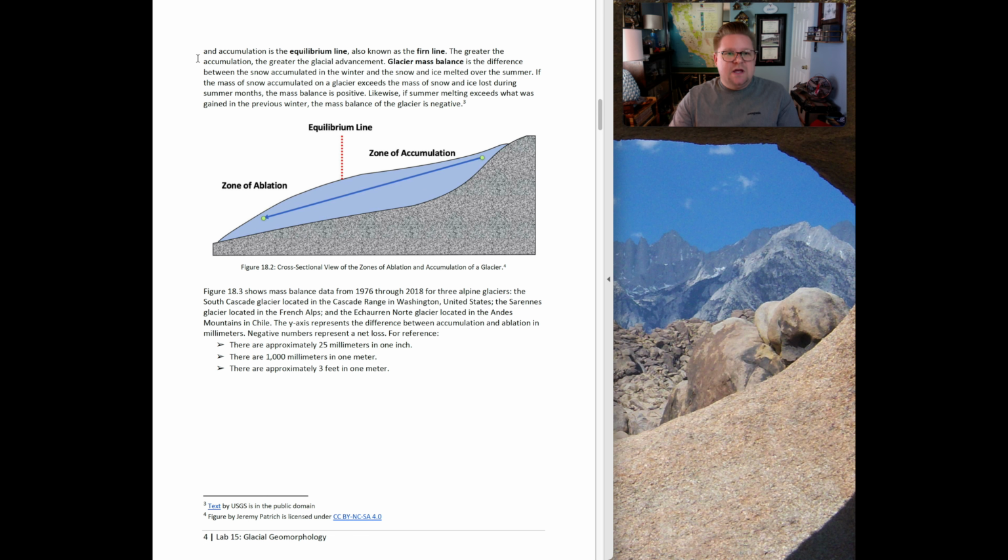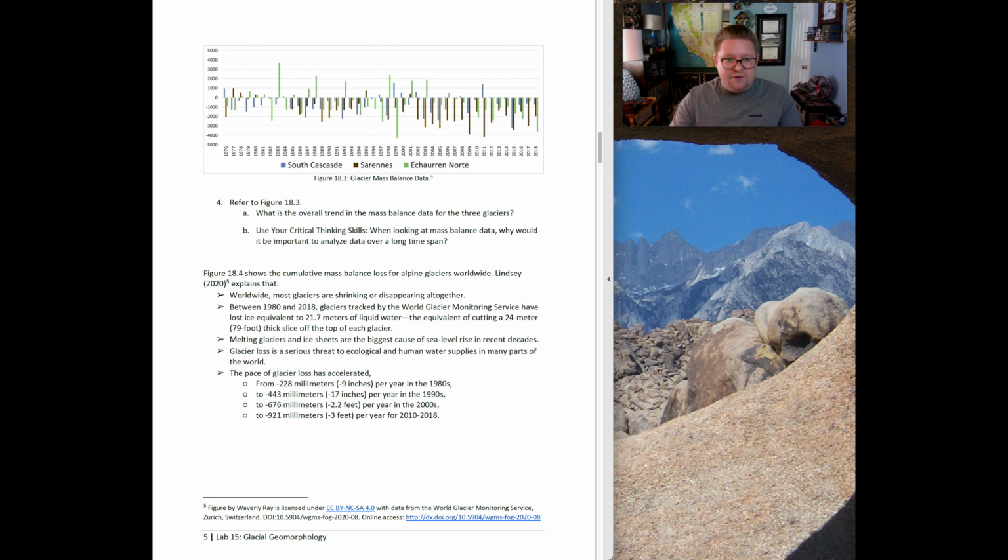It says here that figure 18.3 shows the mass balance data from 1976 to 2018 for 3 alpine glaciers, so I'm now going to change the page so we can see this table. And it's having you answer some specific questions about that graph. Refer to 18.3. What is the overall trend in the mass balance for these 3 glaciers?